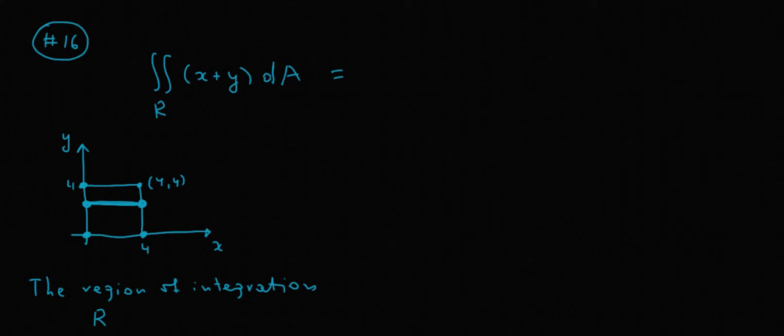So this horizontal cross section represents a typical segment over which we integrate our function. Our function is x plus y. Now x is the variable of integration, so the x values range from the left endpoint to the right endpoint, and the value y is kept fixed.